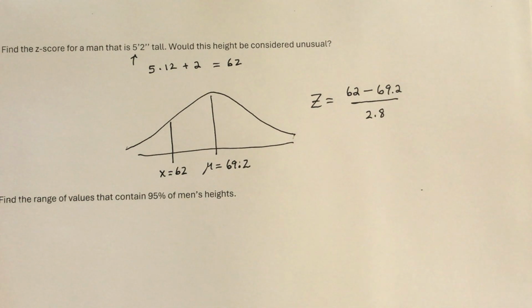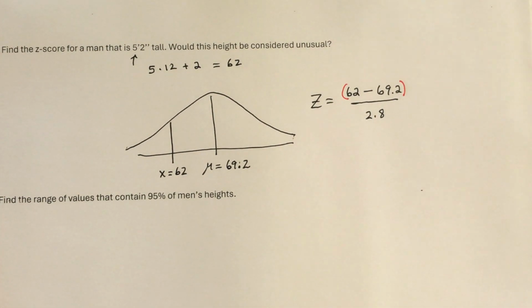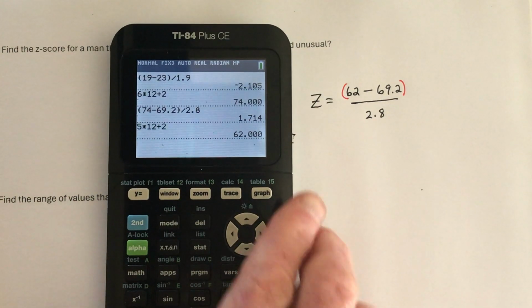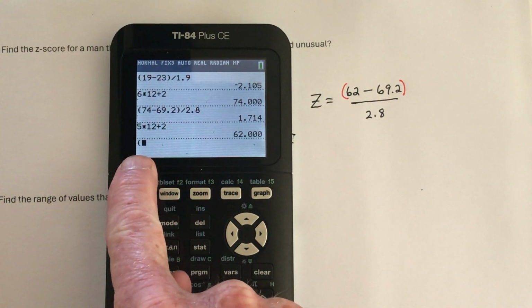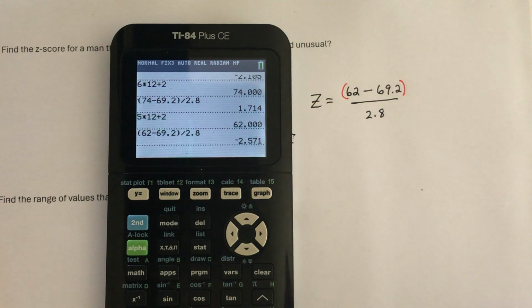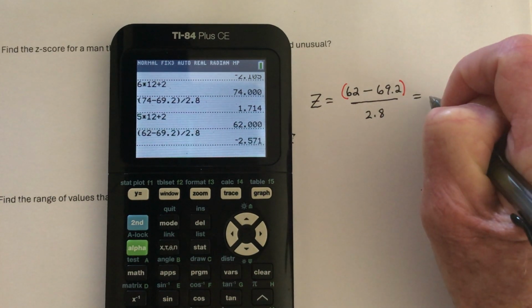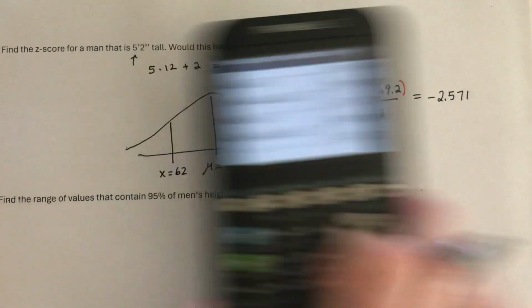My red pen wants to remind me, use parentheses. Did you know when there's only one of them, it's called paren, and when there's two of them, that's plural, parentheses? And then divide by 2.8. And that would be unusual. So that is negative 2.571.